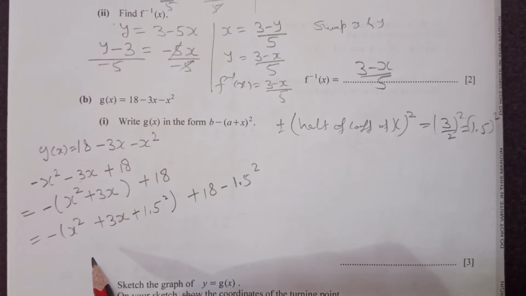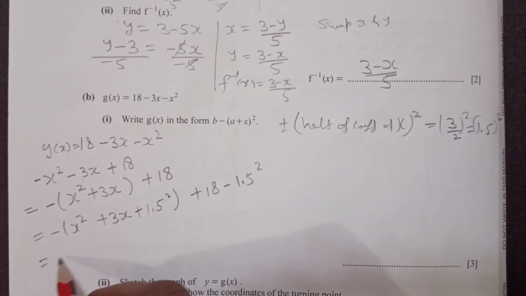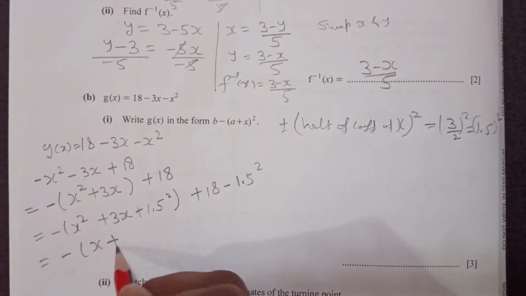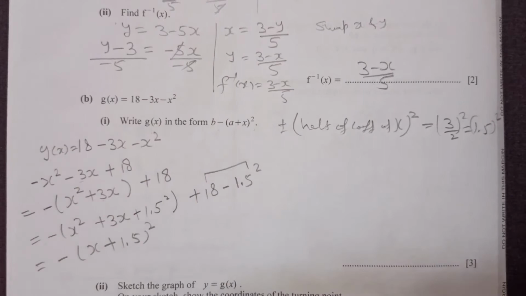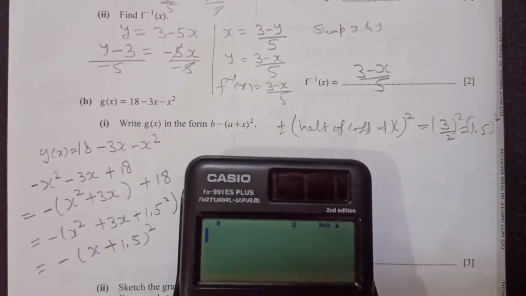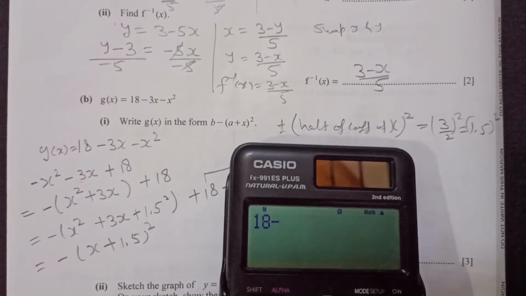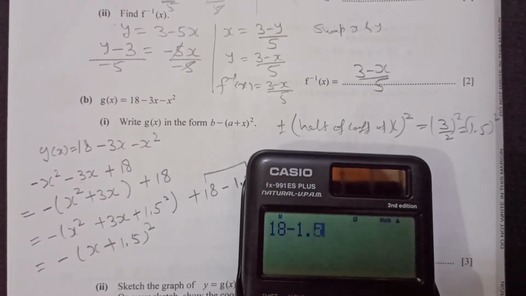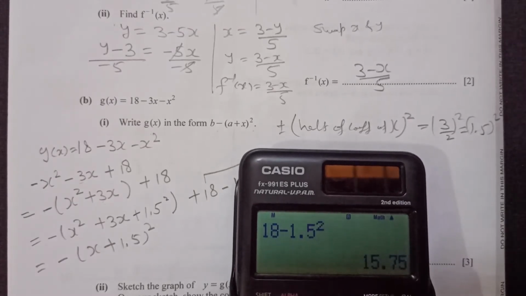So now we can have x plus 1.5 squared, and let's solve this one here. So this is 18 minus 1.5 squared.